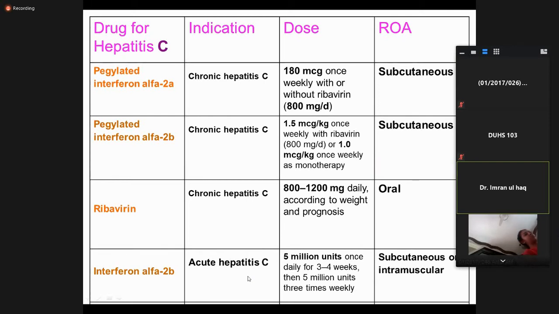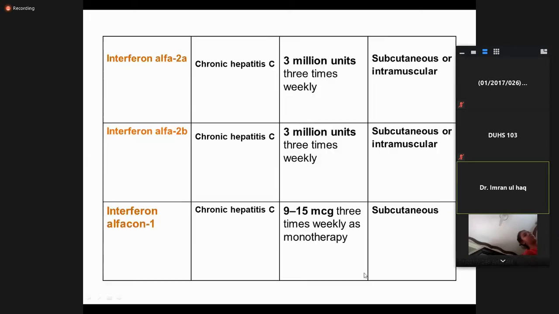And as we have already discussed, because this is simple interferon, it can be given either subcutaneously or intramuscularly. There is another preparation, interferon alpha 2A, again for the treatment of chronic hepatitis C, 3 million units 3 times weekly, given either subcutaneously or intramuscularly.